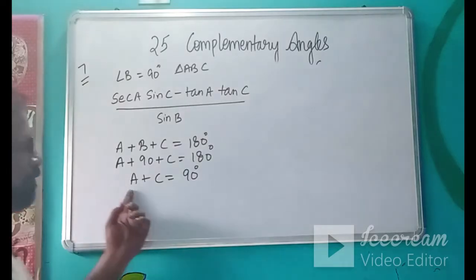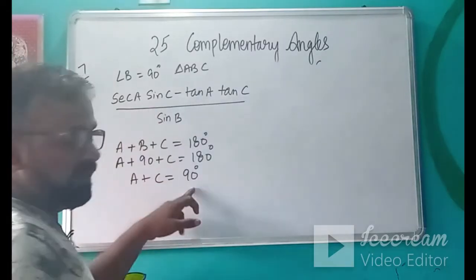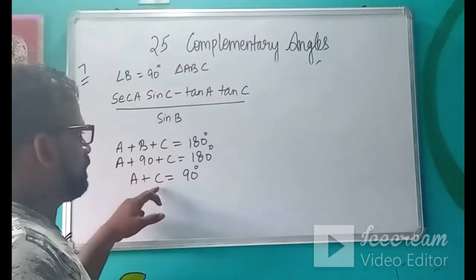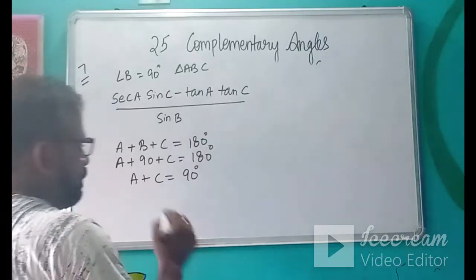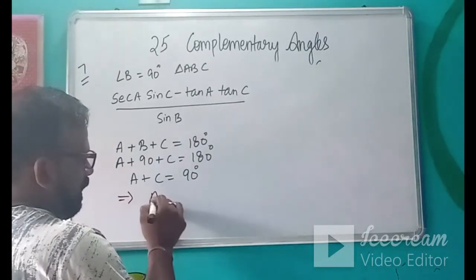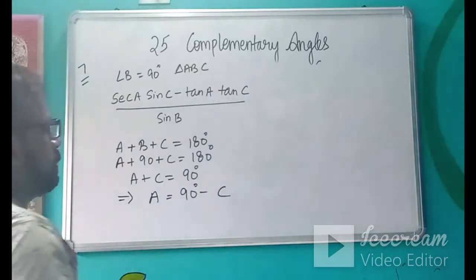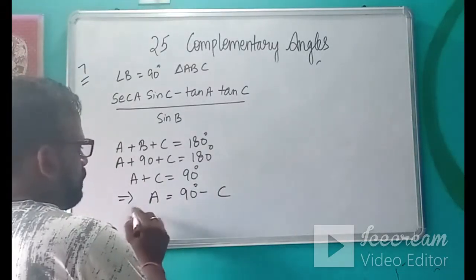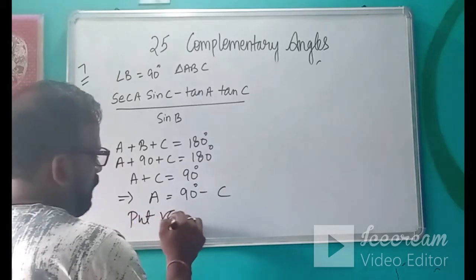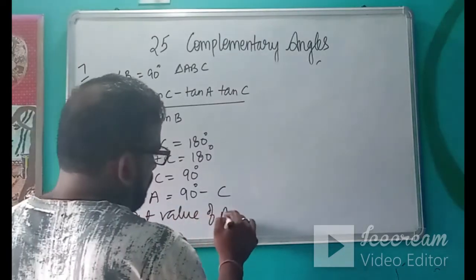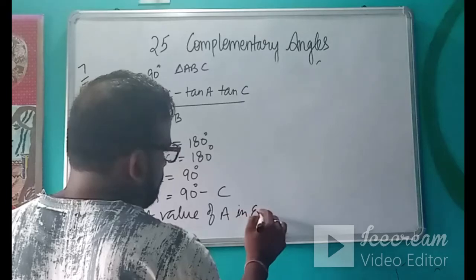So either you will replace the value of A by 90 minus C, or you will replace the value of C equal to 90 minus A. Suppose I take A is equals to 90 degree minus C. So what I will do, I will put the value of A in the expression.